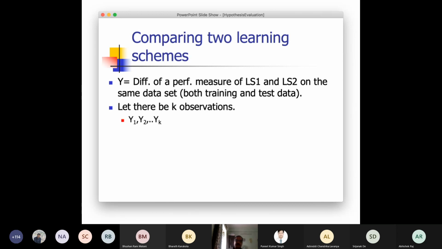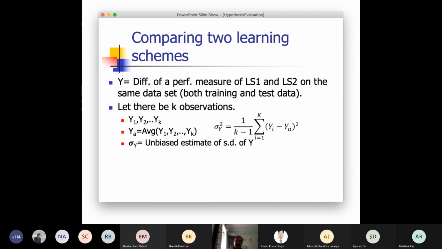So I hope this is simply the repetition of my discussions. Just a summary: the difference itself is your estimate. You can observe the number of times these differences occur with different portions of data sets, and then you estimate the average and your variance.